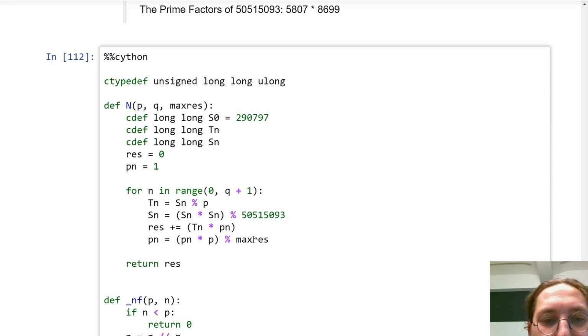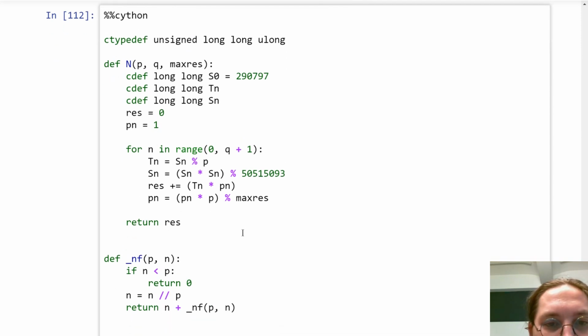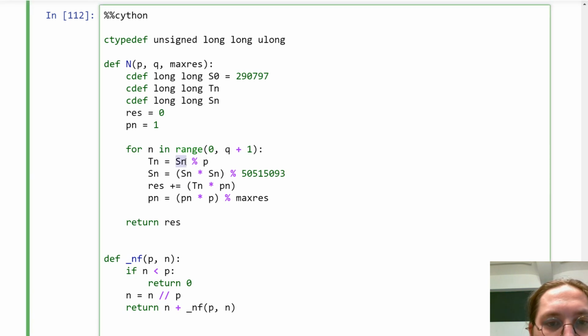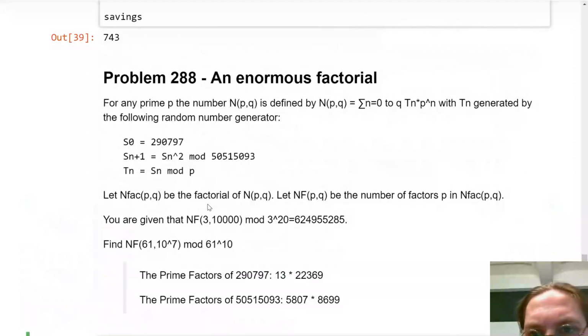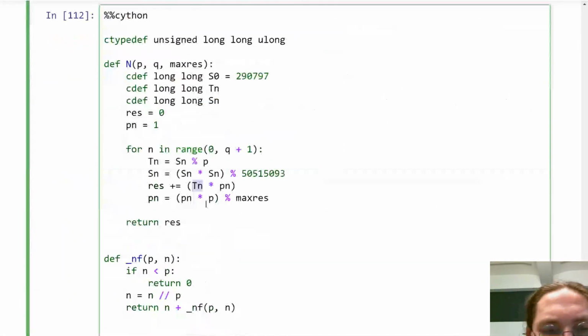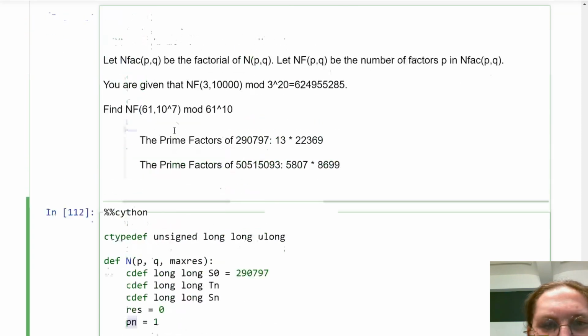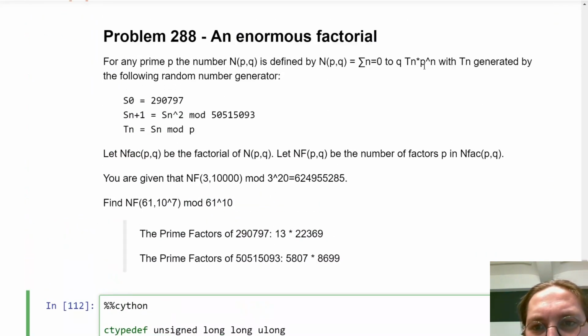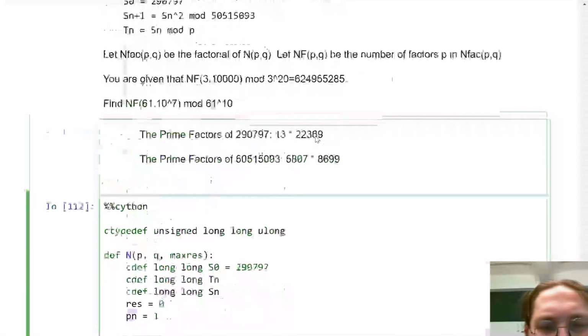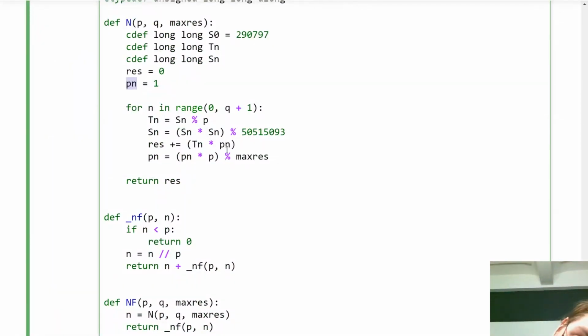I don't even understand the problem, but you're not using Sn. I am. Is this... okay. Let's just go through the... So Tn times p to the n. Pn is 1 to start with, which is p to the power of 0 should be 1, I'd say. So I think that seems correct.